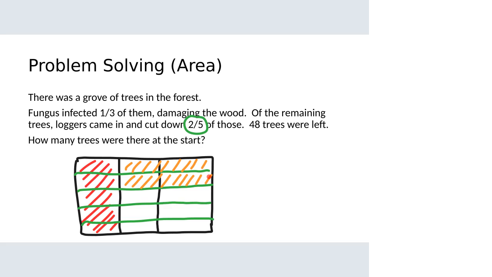The question says, how many trees were there at the beginning? What I know at this point is that I have 48 trees all together in these 6 boxes. I can divide them and say 48 divided by 6. That means there are 8 trees in each box.